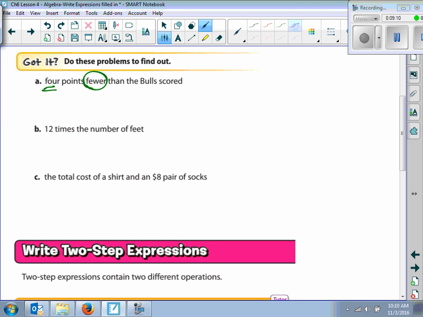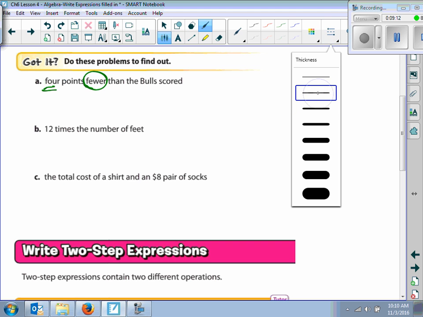All right, so the first thing we want to do is define our variable. 4 fewer points than the Bulls scored. What are we trying to figure out? How many points, right?